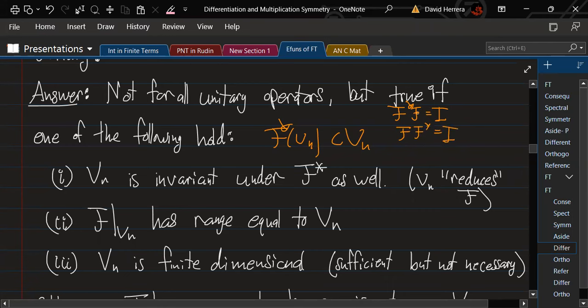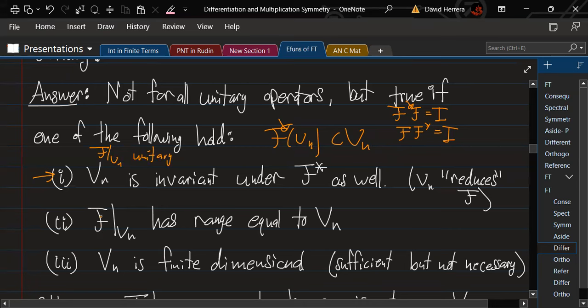Now, if both f and f star, when you restrict to Vn, stay inside Vn, then both of these identities will still hold when you restrict to Vn, and so f restricted to Vn will have an inverse, which will be its adjoint. So if this is true, then f restricted to Vn is unitary.